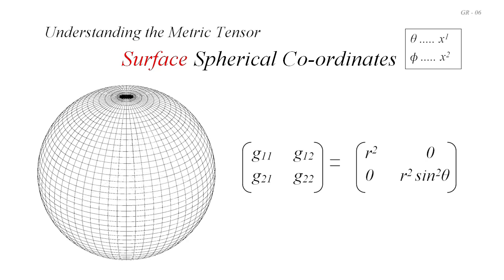Well, if you take a little time to think about that, it makes perfect sense. These basis vectors for phi going around the spherical surface up here will be smaller than those going around here, as they increase with increasing theta as you move down the sphere, until of course you reach 90 degrees, and then they start to go smaller again.